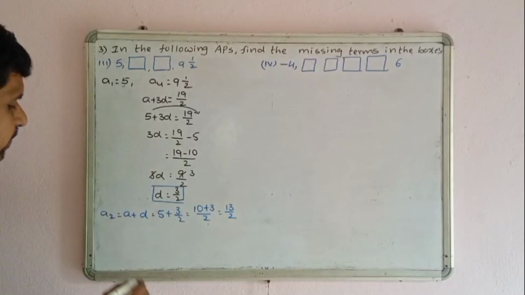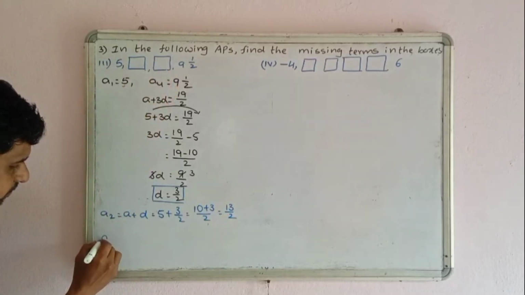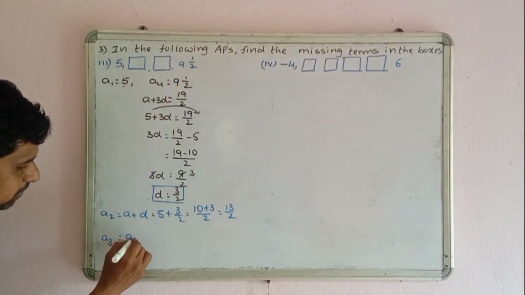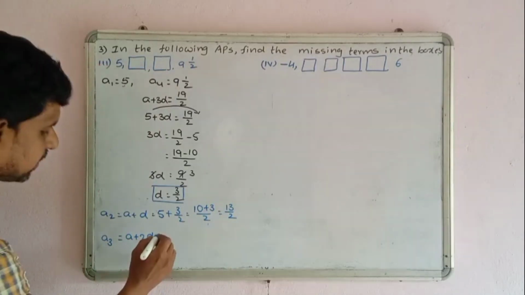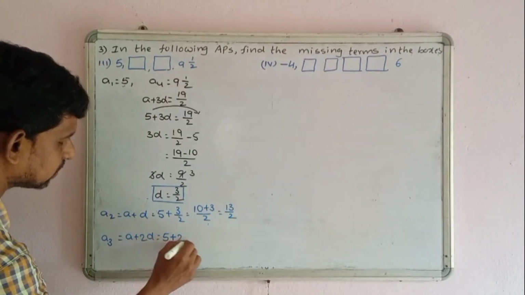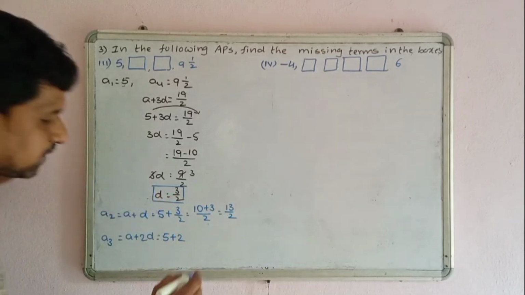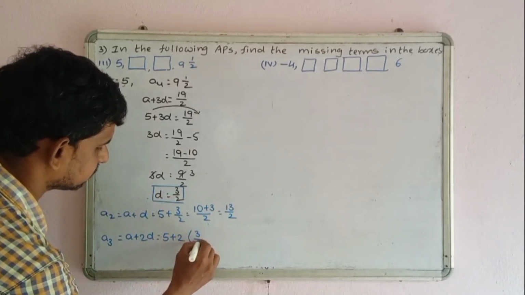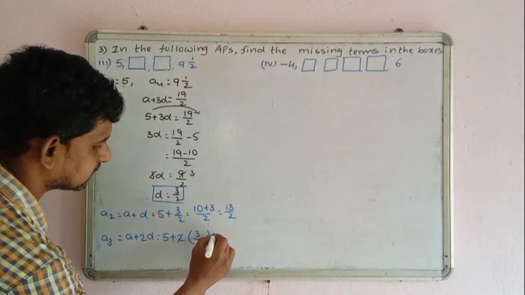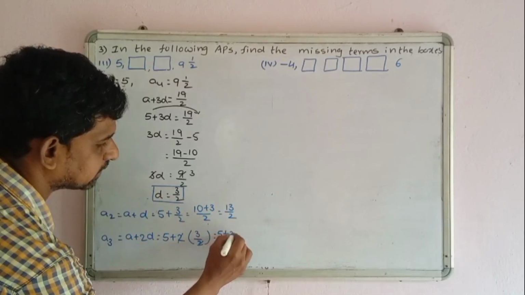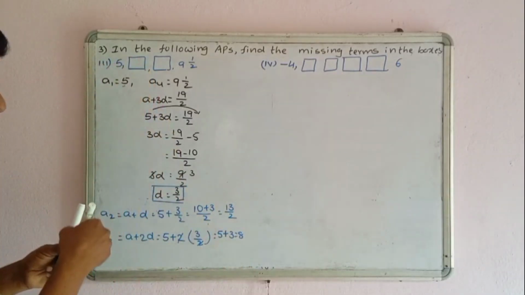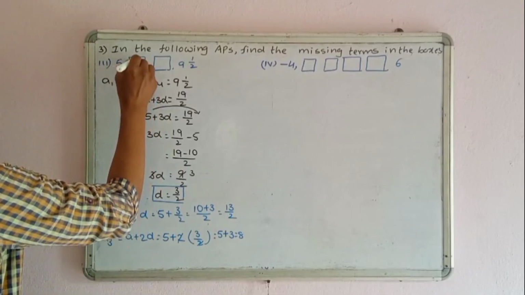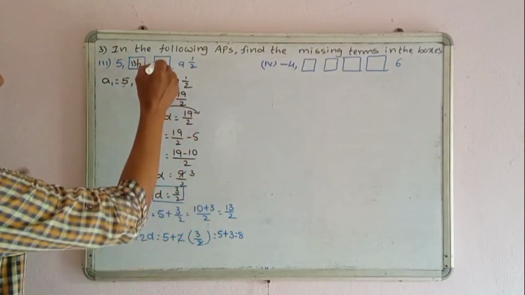Next, A3 equals A plus 2D. So A value is 5 plus 2, D value is 3 by 2. 2 gets cancelled. So 5 plus 3, that is 8. So the value of A2 is 13 by 2 and A3 is 8.